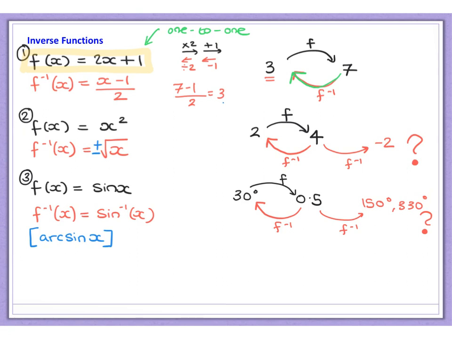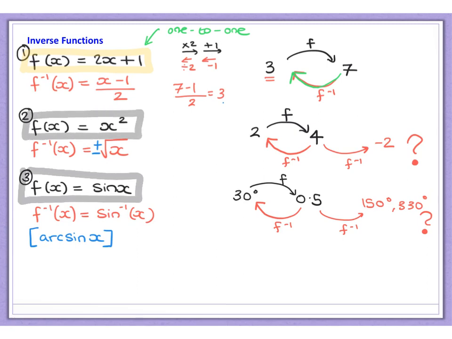Now, examples 2 and 3 are slightly different. These are what we call many-to-one functions. So f of x equals x squared and f of x equals sine x are both examples of many-to-one functions, which means that several inputs can map to the same output.